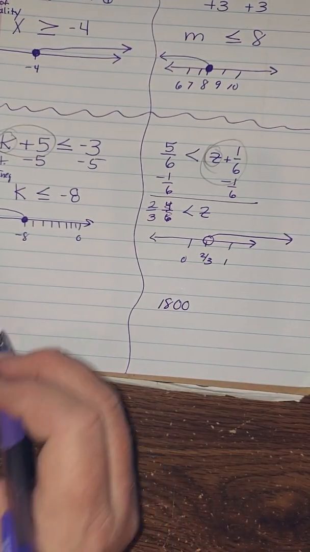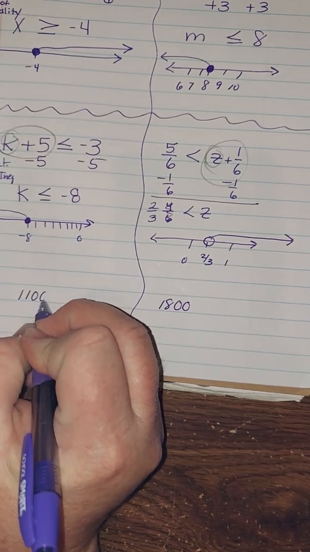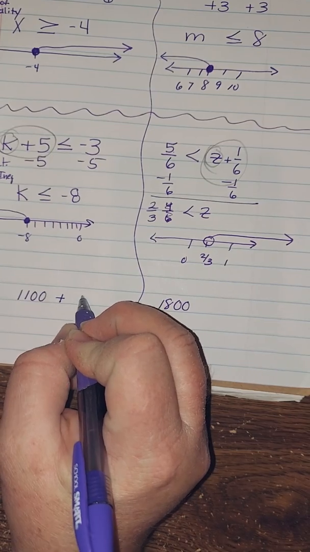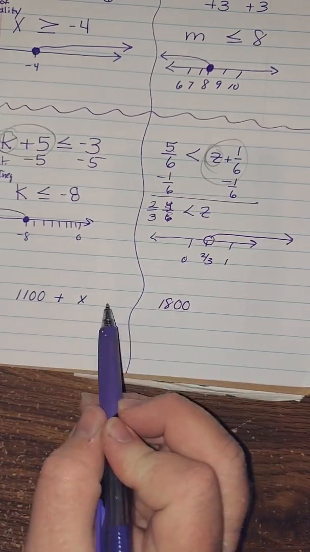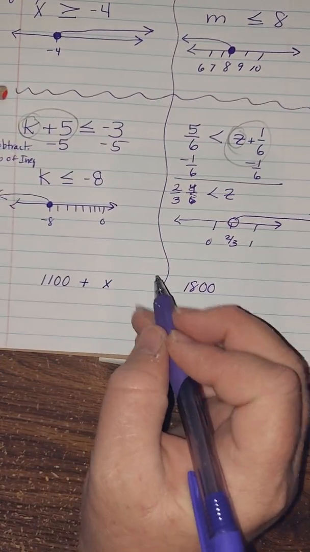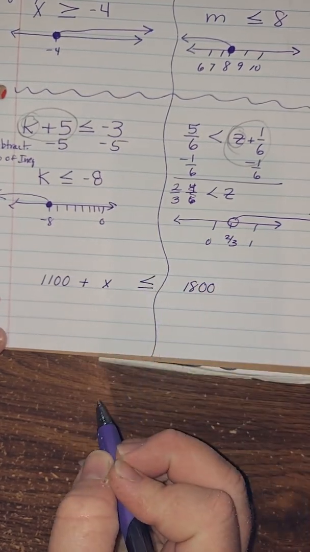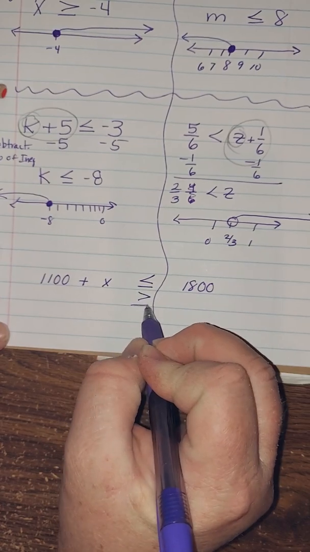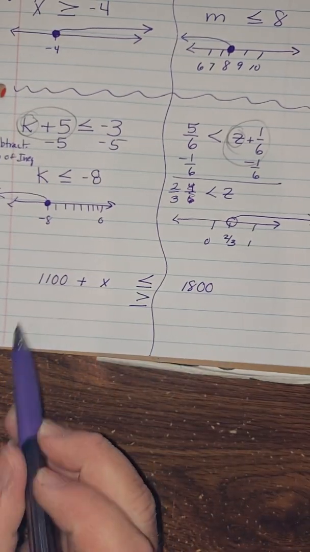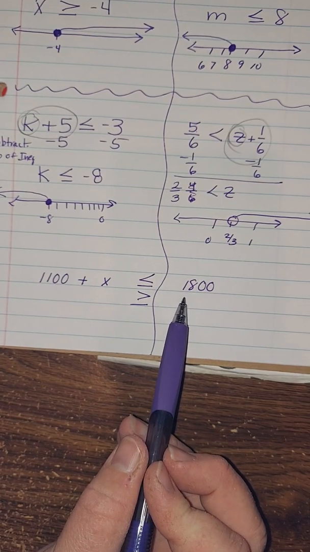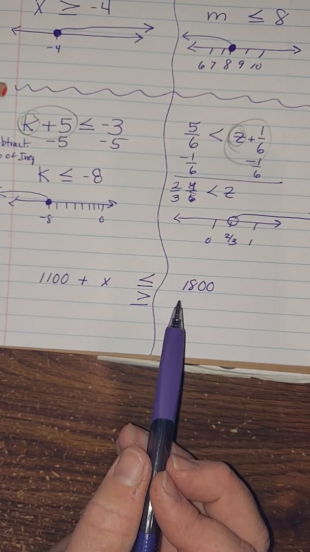I already plugged in a microwave that's 1,100. So how much more can I add? And what should be my sign? Should it be this? Or should it be this? Do I want to be bigger than 1,800? Well, what's going to happen if I'm bigger? You're right, you're going to blow a breaker.